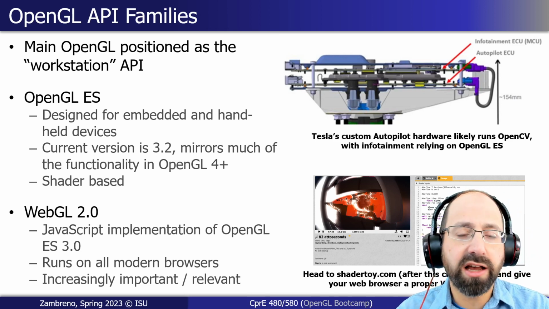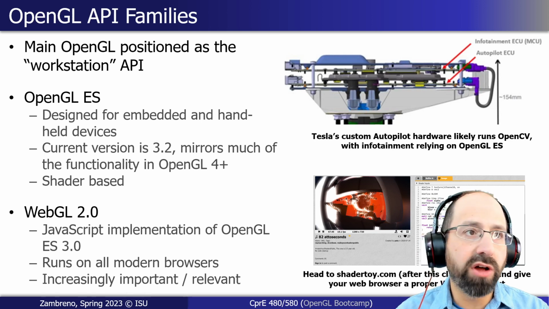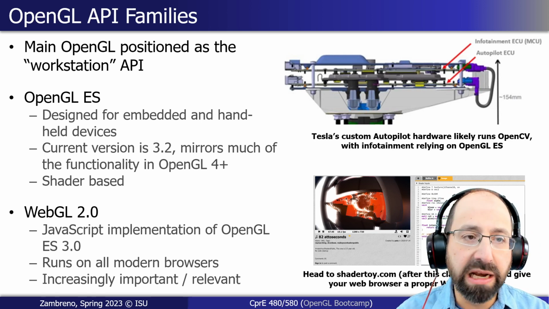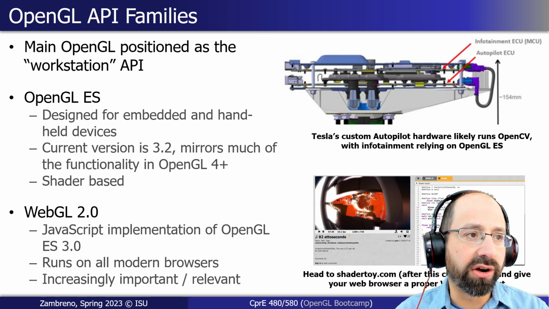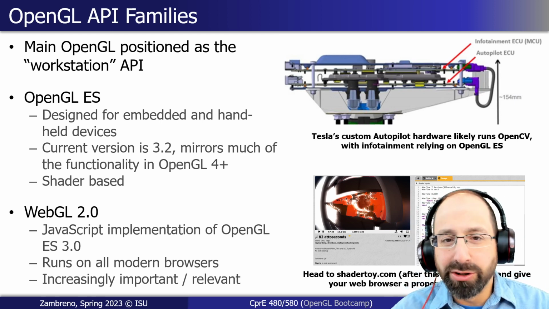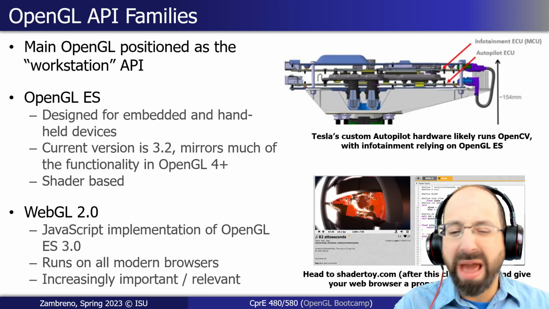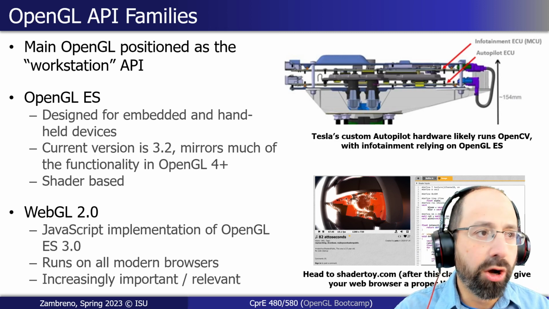It also is effectively the same as OpenGL 4 in terms of the functionality that's provided. Some of the API calls are different, but they're not different in any interesting ways. And so our knowledge of OpenGL 4 for the workstation API maps directly to OpenGL ES.